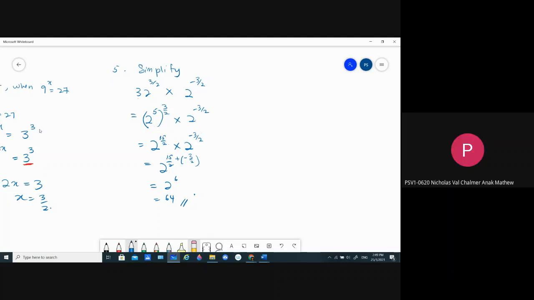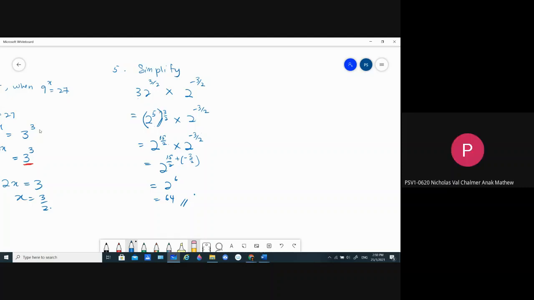The 15 over 2? This one, 5 times 3? Because this is actually, I didn't write it properly. Yeah, it's my fault. This is 2 to the power of 5, and this is 3 over 2. It's like this. So it's 5 times 3, 15 over 2. Okay, it's like this here.